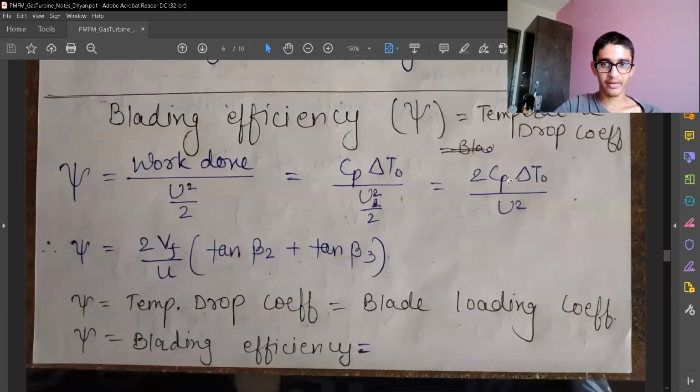So we are using the work done formula which we had seen earlier. We have substituted it. The work done formula was U Vf into tan beta 2 plus tan beta 3. One of the U gets cancelled, so we get this formula for blading efficiency. Blading efficiency is also called the temperature drop coefficient, which I said earlier. It is also called the blade loading coefficient and blading efficiency.